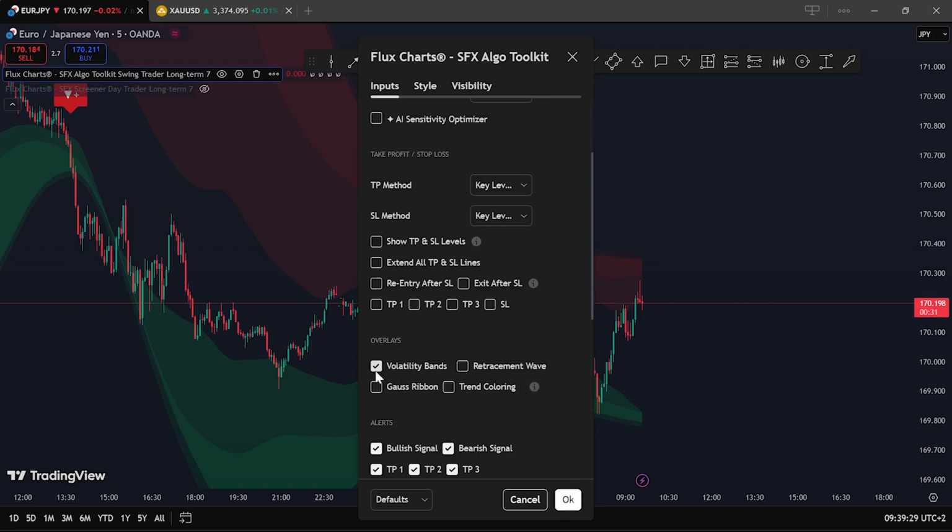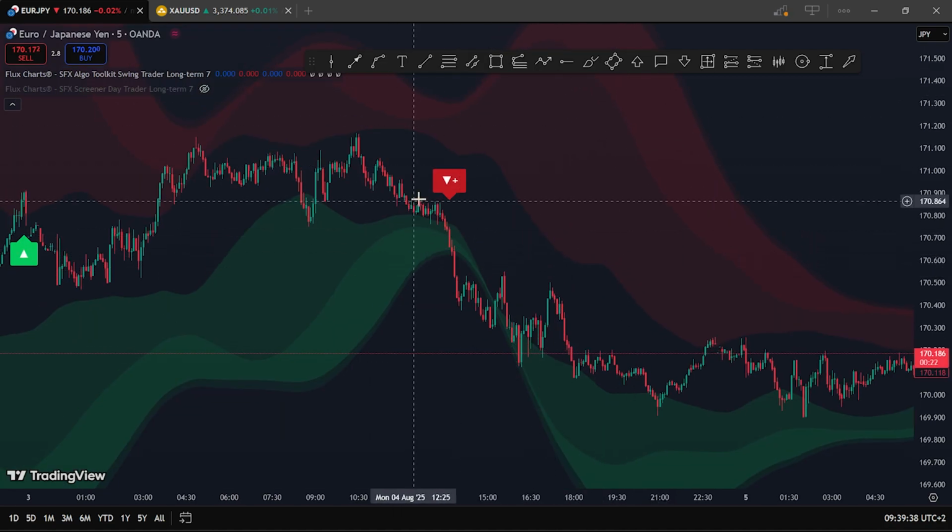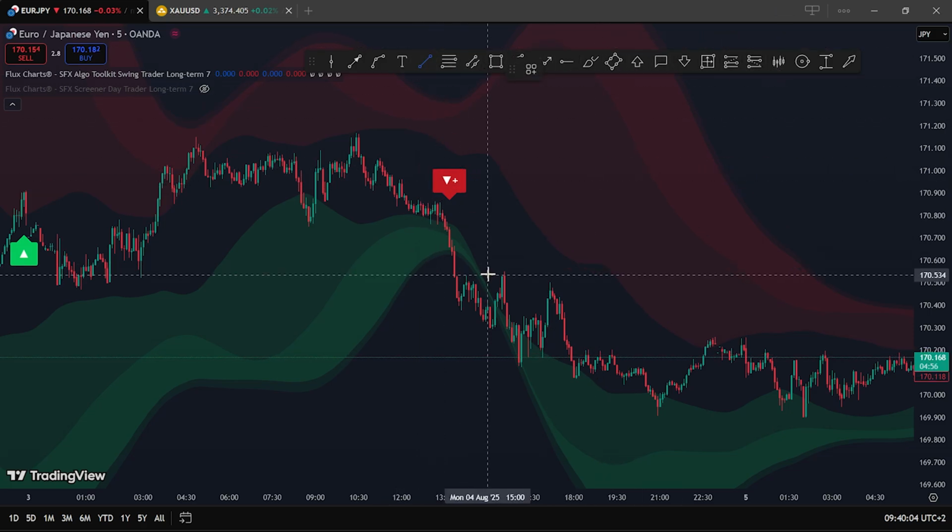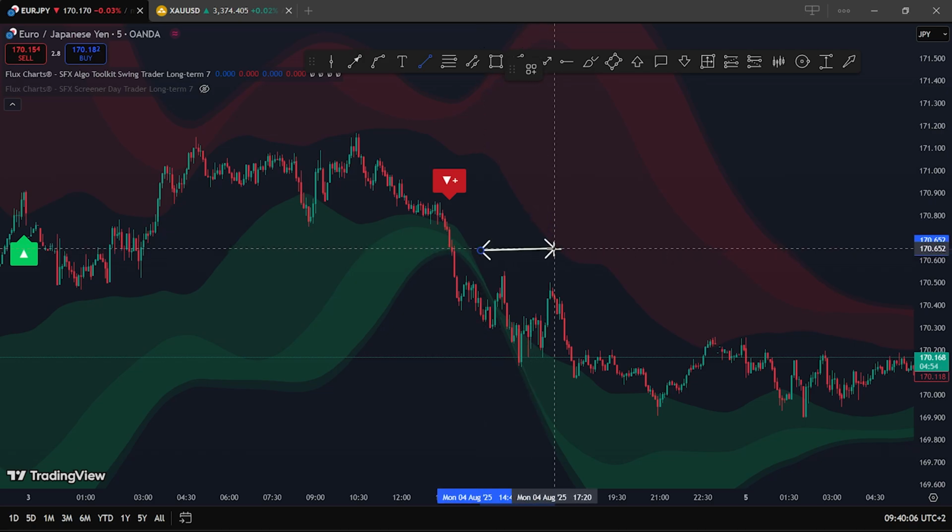So here, let's talk about the volatility band. You can see that I have activated only one. When price is moving to the downside very aggressively or to the upside very aggressively, the band will expand. Here you can see that we have an expansion in the market.